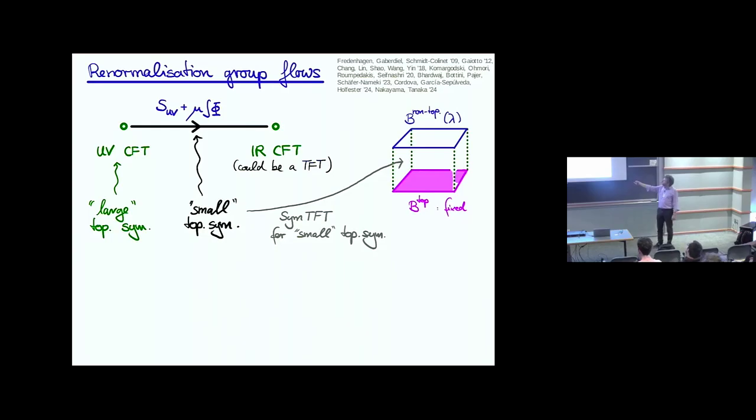But then if you push it off the critical point, there then again be typically only few topological symmetries which survive along the flow, so which would then exist along all of this flow. And so if you want a symmetry TFT which is valid along the whole RG flow, well, then you have to work with a smaller topological symmetry which is preserved, but then you have a situation where you have a fixed 3D TFT, so that's independent, oh, that should have been a mu here, sorry.